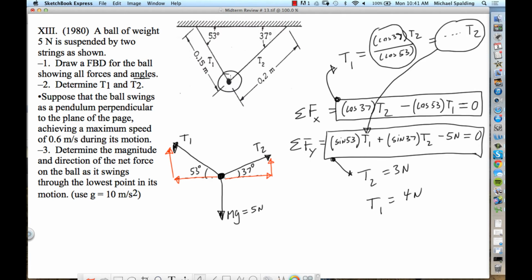Now look, where is the center? If the ball is swinging as a pendulum, it's in a circular path. Where's the center of the circle for that circular motion? Is it over here? No. Over here? No. The center of the circular path is going to be straight up, right there.